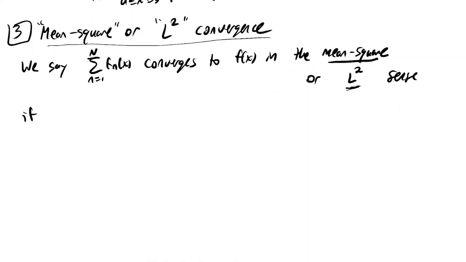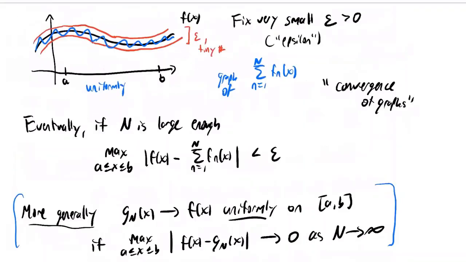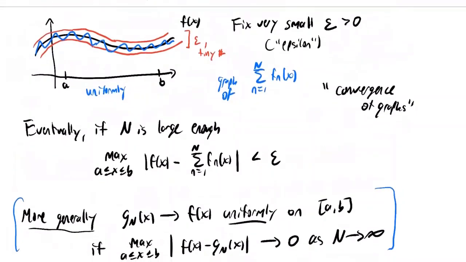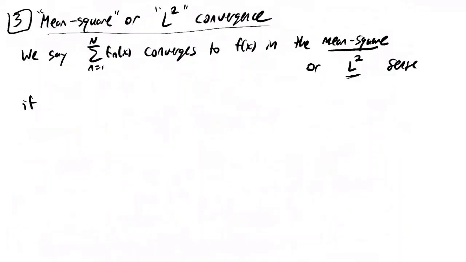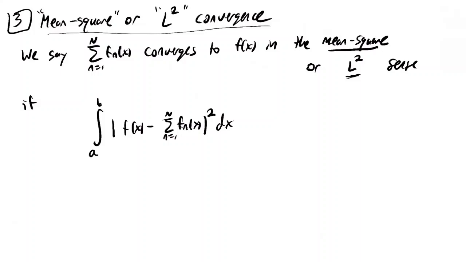Instead of looking at the difference pointwise between the function and the sequence, we're still going to look at the difference, f of x minus the sum from n equals 1 to N of fn of x. But we're going to square it and integrate it over a domain. Right, so we integrate between a and b.